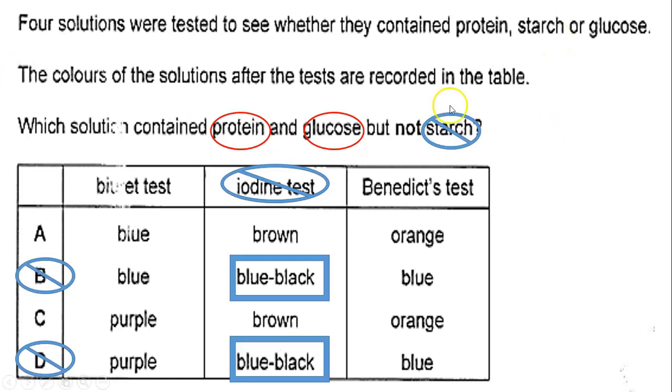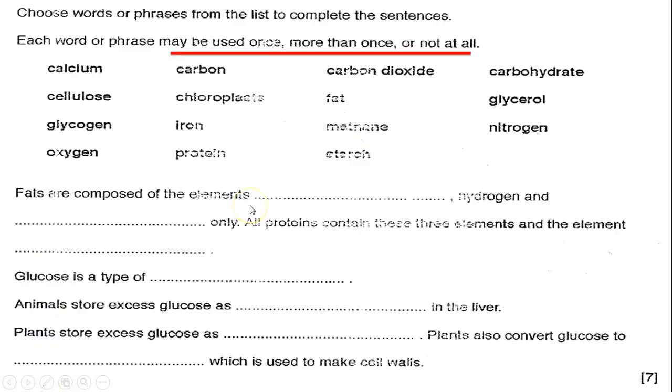And the question says that the starch is negative. So I already knew that B and D are not the right answers. So it is C. Why? Again, because I have negative iodine test, yet I have the purple for the Biuret and the orange or the brick red or the yellow for the Benedict test. So this is how we answer such a question.